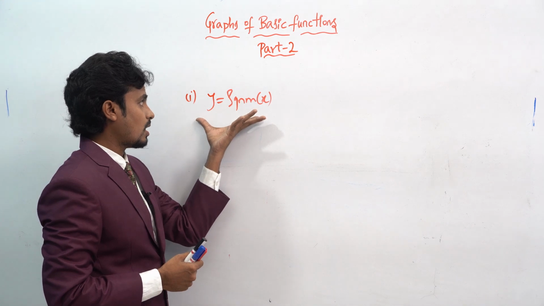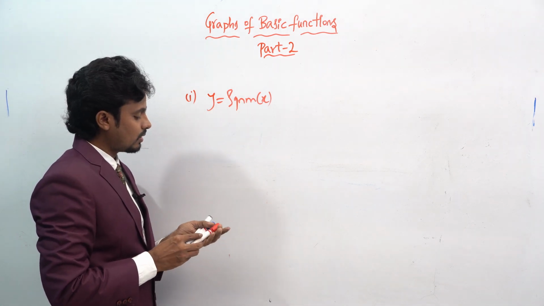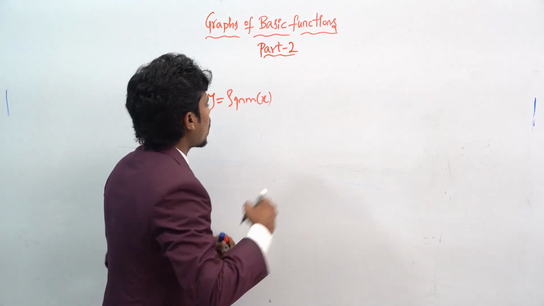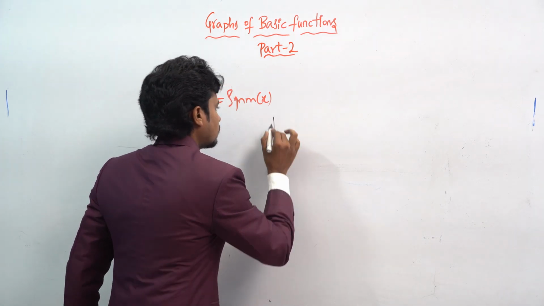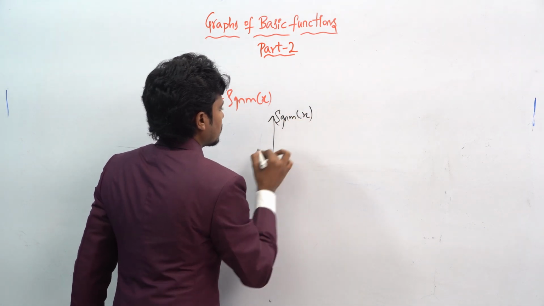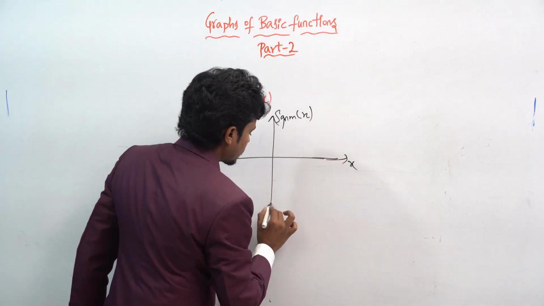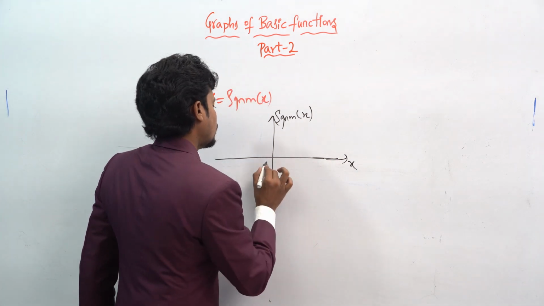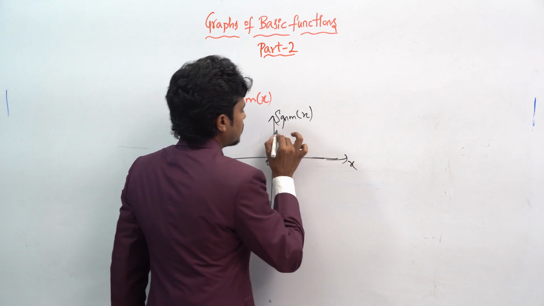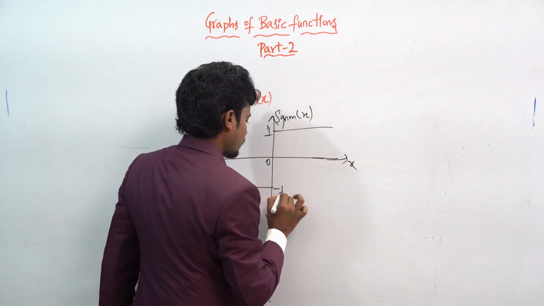You have to draw the plot for this. What will happen? So the plot will be like this. Signum of x. So this will be the x, and here this will be the 0. The plot will be like this. This will be for +1 and this will be for -1.